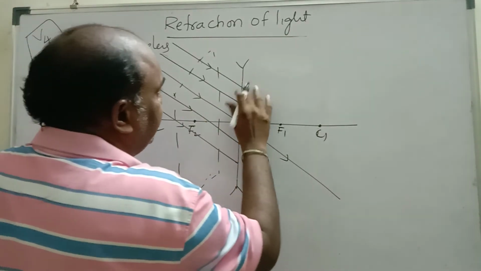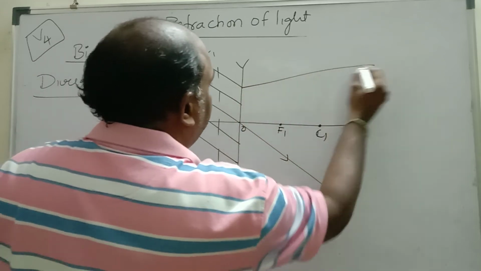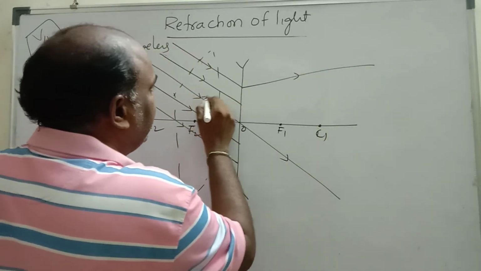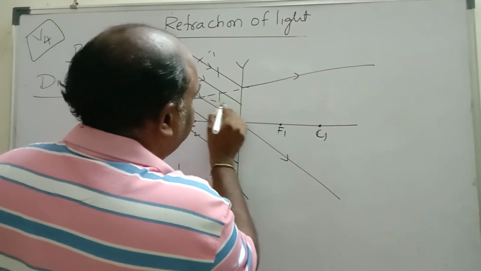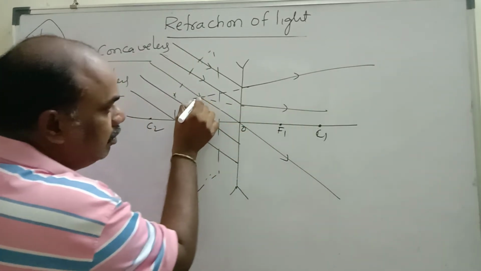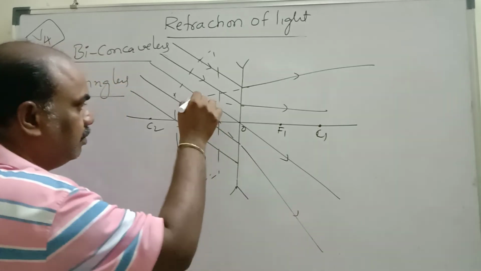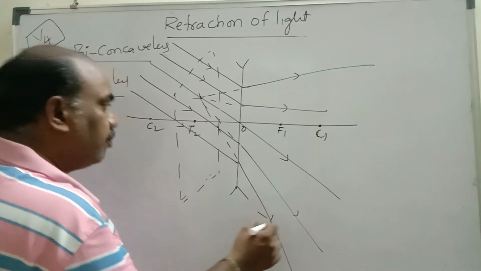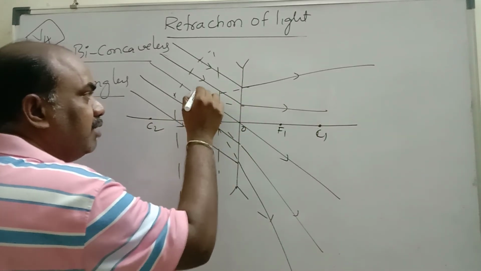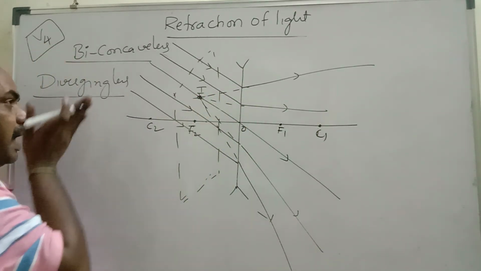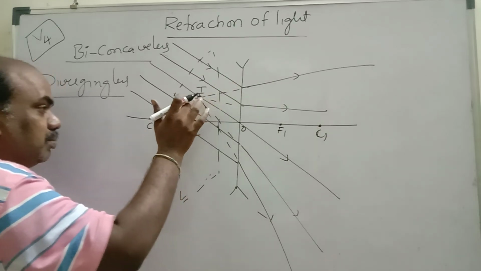So all these rays after refraction diverge and seem to meet at a focal plane, not at the principal focus. All parallel incident rays after refraction diverge and the image forms here. This is what happens: parallel incident rays diverge and seem to meet at the focal plane.